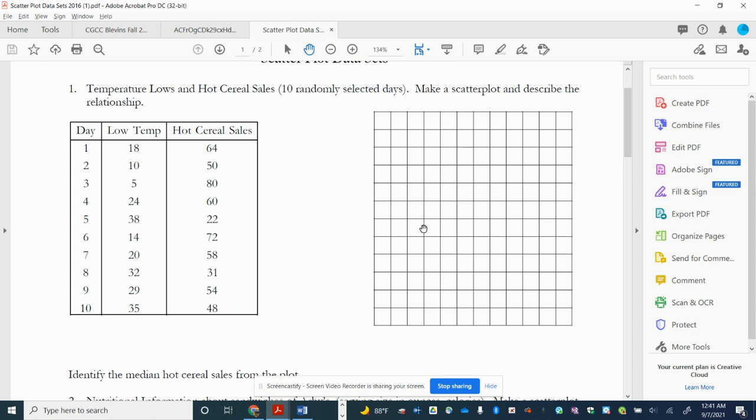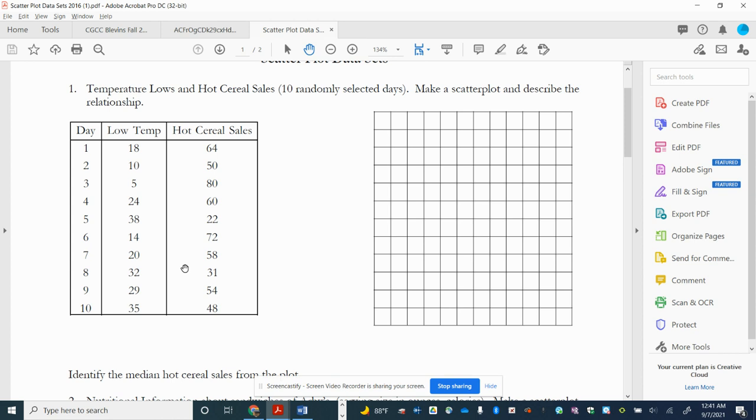So every point that we end up plotting in here would have both that attribute of temperature and also an attribute that would describe the number of cereals that are sold. So altogether, you should have a collection of 10 points, but each point would have those different attributes.